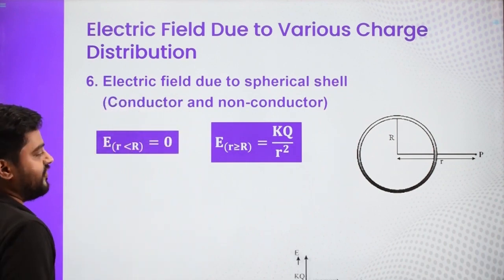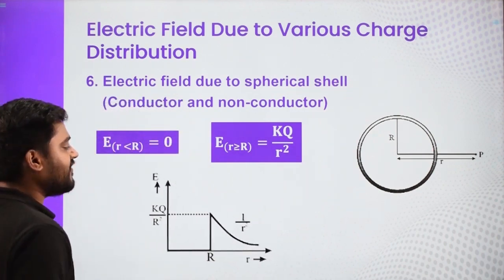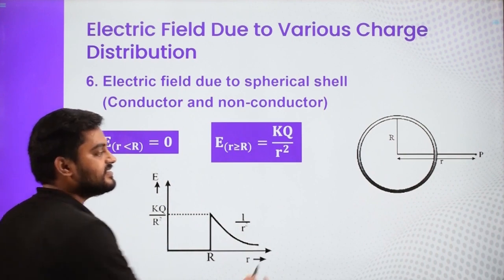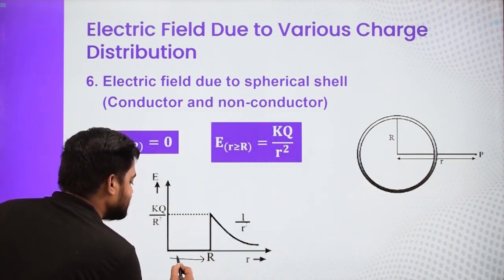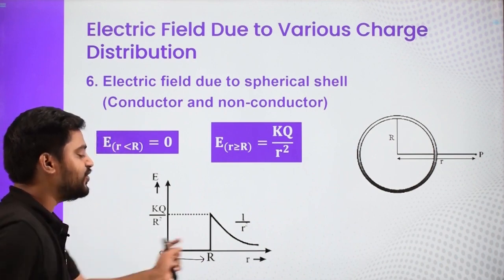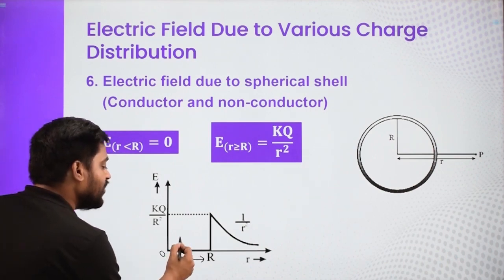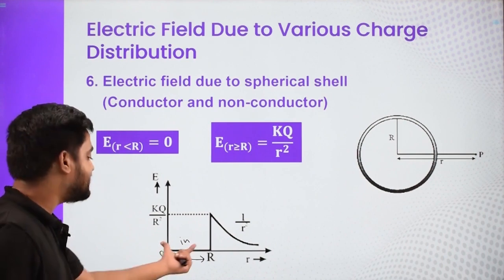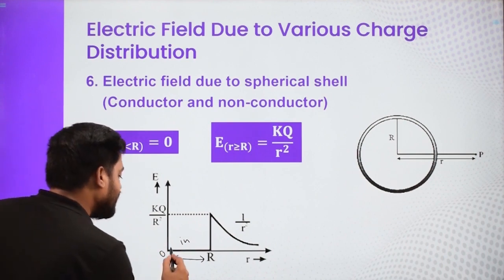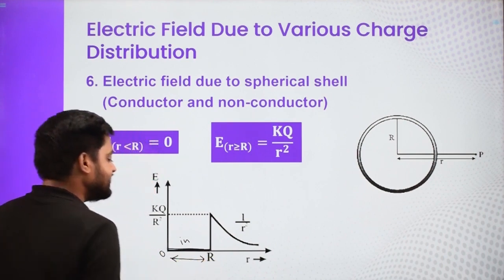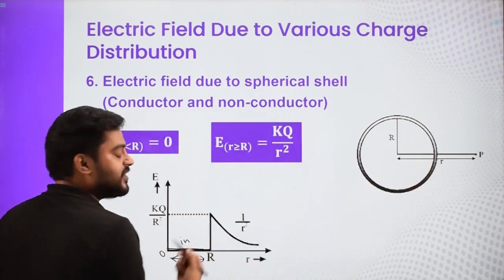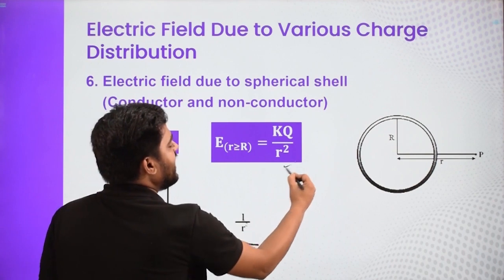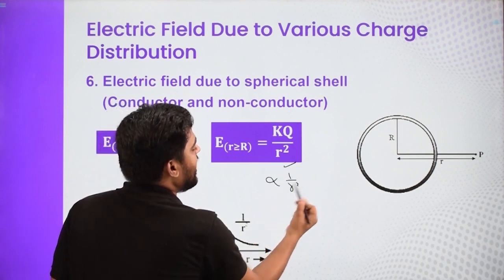If we make the graph, then here I am making a graph of electric field versus the distance from the center. So this is the distance from the center. So this distance is basically 0 to R, meaning we are going to talk about the electric field inside the spherical shell, which is going to be 0. So it is 0 from 0 to R, and as soon as it comes to R, it is KQ by r square, which is proportional to 1 by r square.